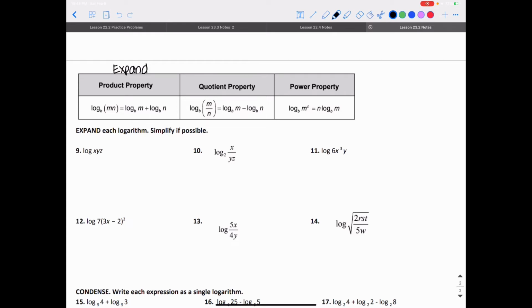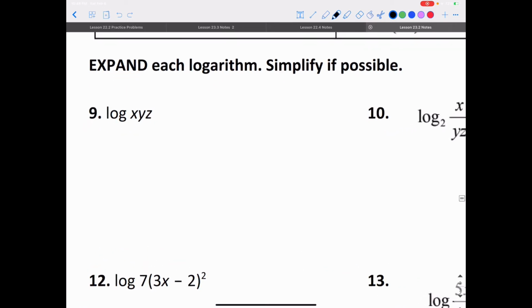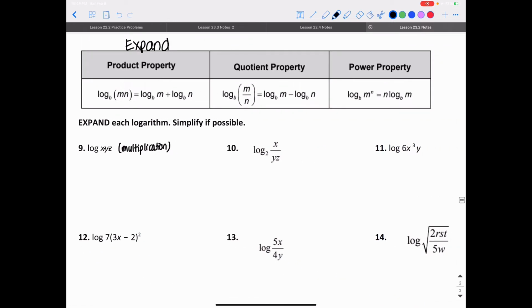So if I wanted to expand log of xyz, I know that these are all being multiplied. This is multiplication, which means I'm using the product property. And I can write this as log of x plus log of y plus log of z. I can separate it all, and this is what I have in expanded form.